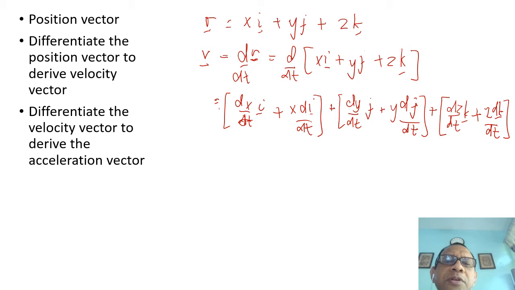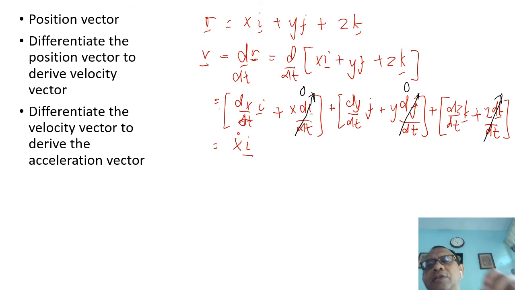When you differentiate, dx over dt becomes x dot, assuming that x changes with time, so x dot i. For x di over dt, di over dt does not change with time, so we can cancel that. It becomes 0. It goes the same for dj over dt, which is 0, and dk over dt.